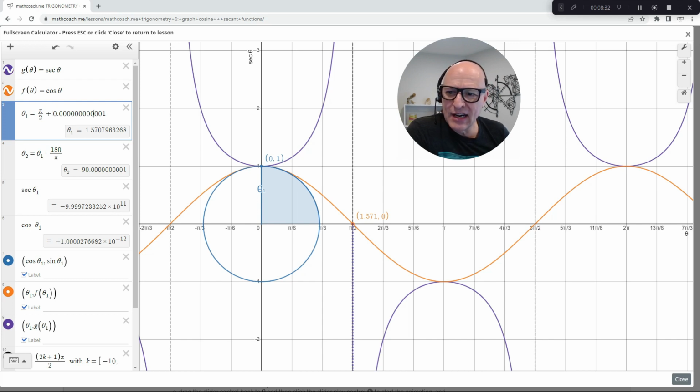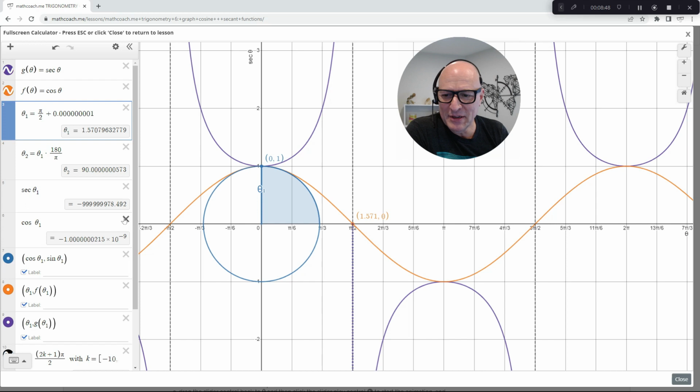And now I can move away from that. So as I begin to get further and further away, watch that secant function. It's starting to get smaller and smaller. It's still a pretty big number, but it is getting smaller.